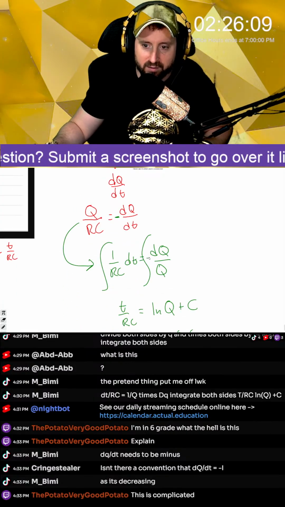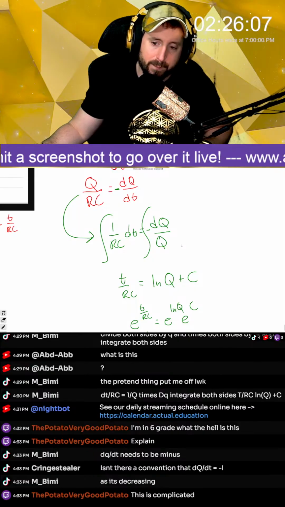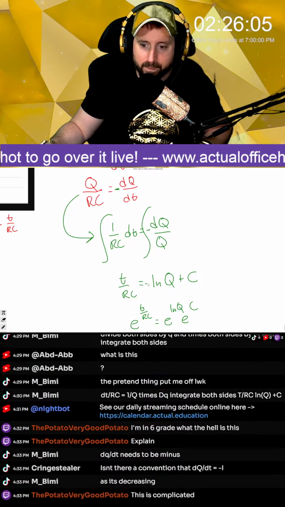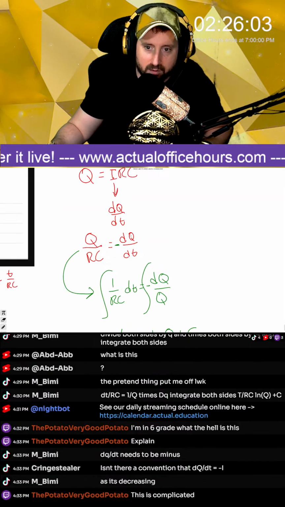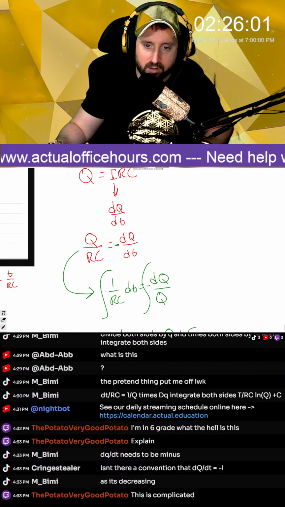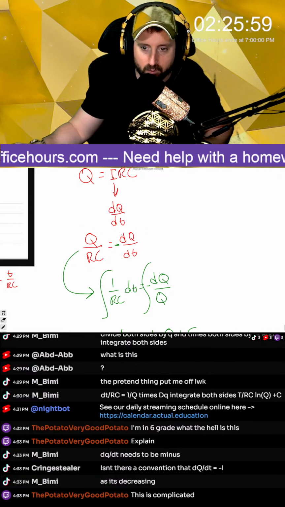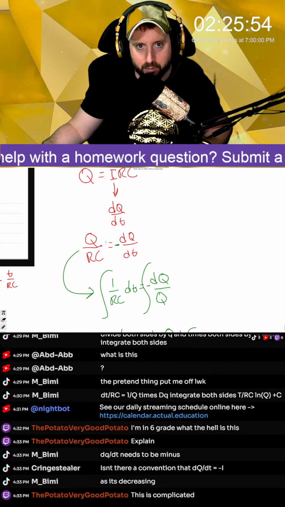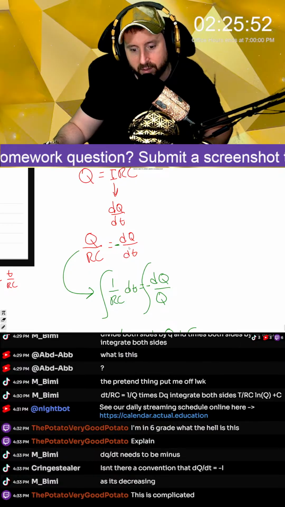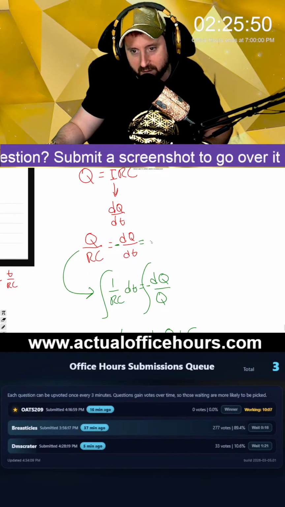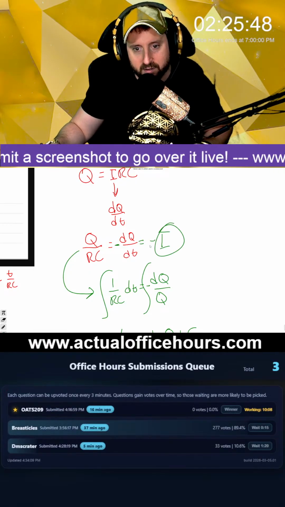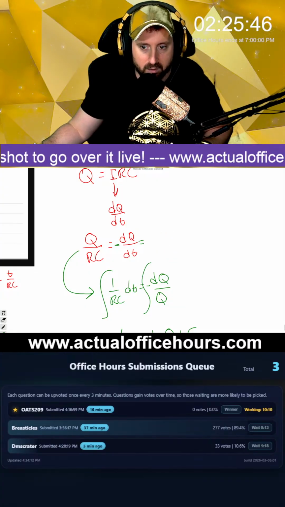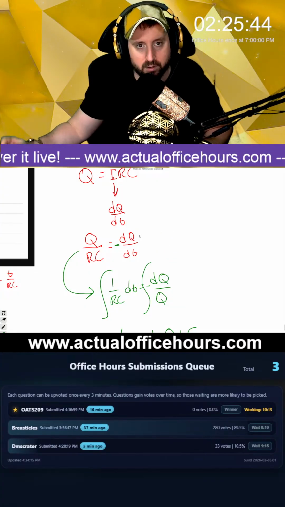Okay, but if that's minus... dq/dt needs to be negative. Yeah. So instead of saying Q over RC equals dq/dt, I say Q over RC is equal to negative dq/dt. Because, and I agree with what Mimi's saying, this is negative I, the current needs to be decreasing. Oh, right. Or the charge needs to be decreasing.